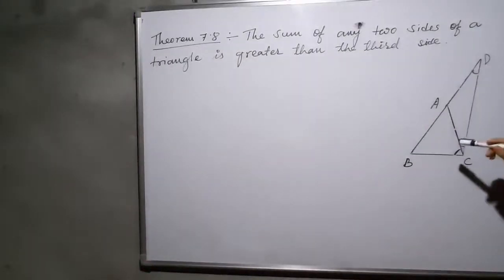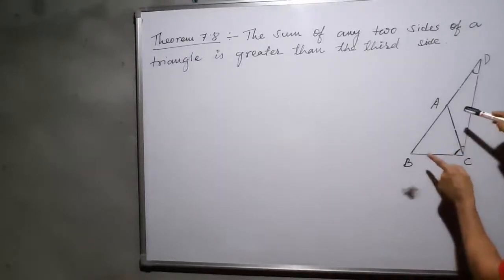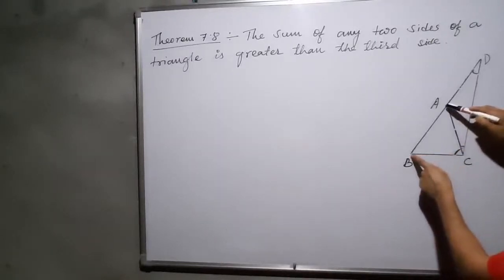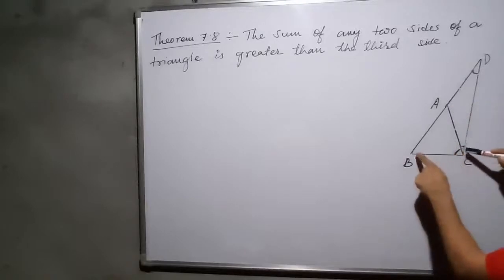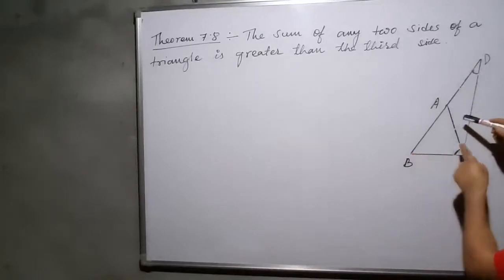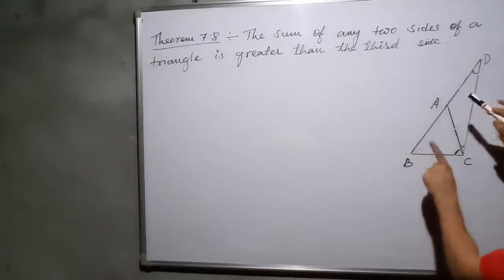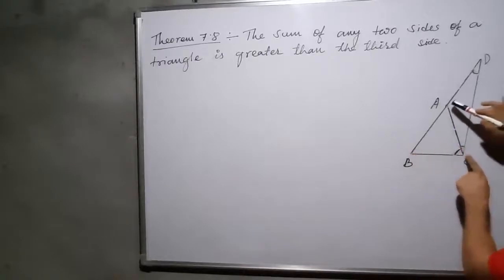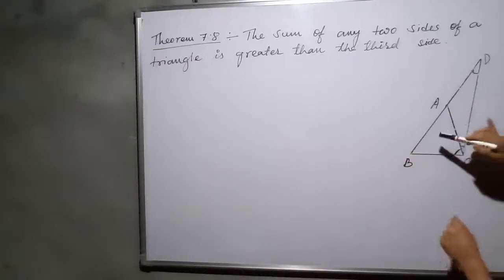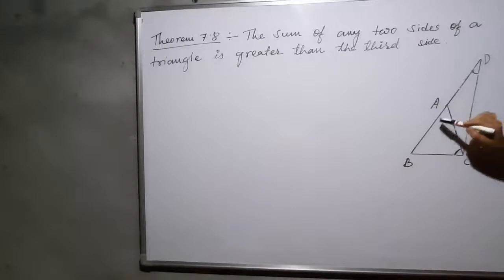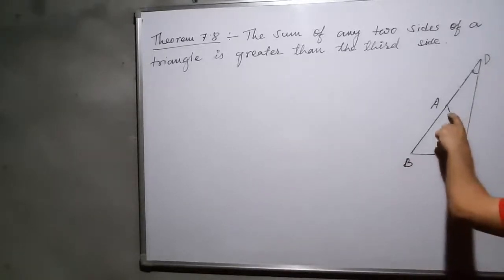To prove this theorem, I am going to prove AB plus AC is greater than BC. The sum of any two sides is greater than the third side, so my target is AB plus AC is greater than BC. In our construction, BA is produced to D such that AC and AD are equal.